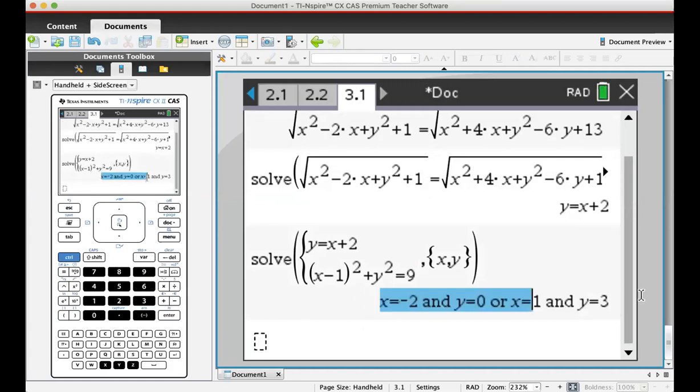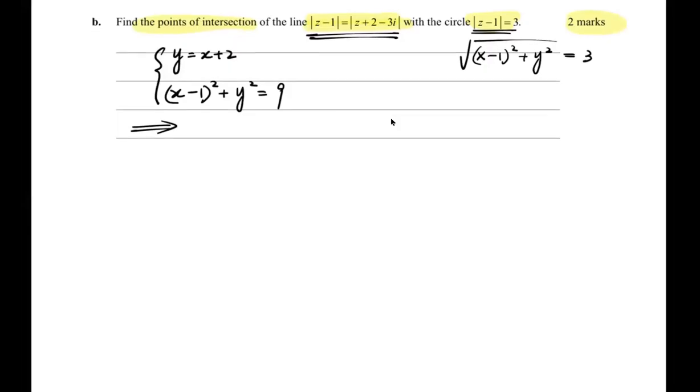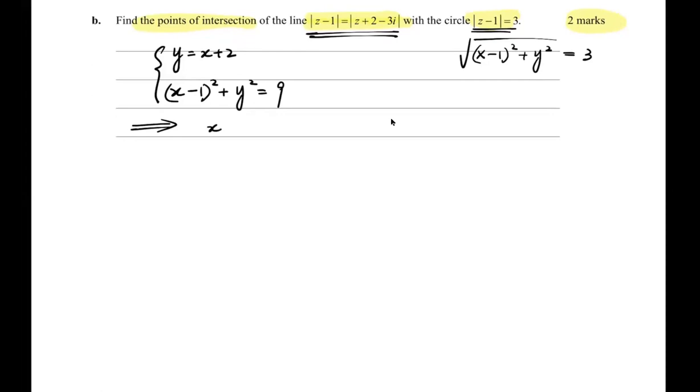Okay, these two points are the solutions, but we better express them either in coordinate form or complex number form, because we've been given two complex relations in terms of z. So let's have a look. x equals minus 2, y equals 0, or x equals 1, y equals 3.